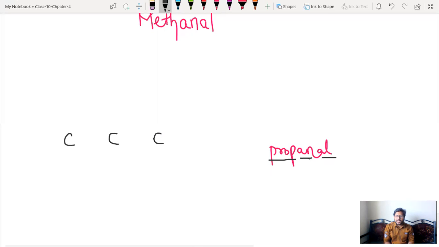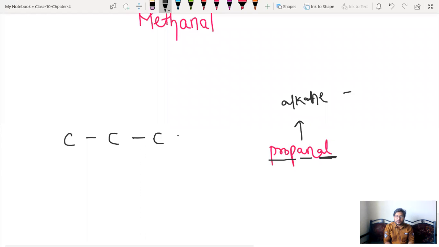Done. Second one, an. An means alkane. Alkane means single bond. In between, only carbons, single bond, single bond. Now, it should satisfy 4 valencies. But before that, what you can do here, you see last, Al.